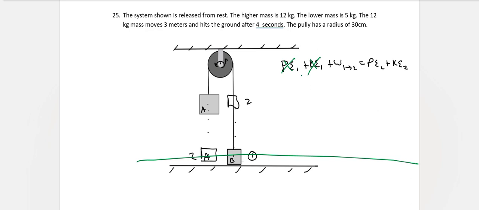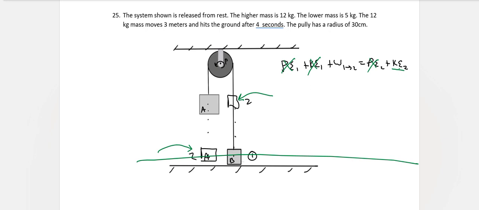Okay, PE2. Let's talk about that. Position 2, mass B is now up here, and it has a potential energy, so you have to take that into account. Mass A is down here at the datum. Right, so that should tell you what to do there. So PE2 now should be done. We've talked about that. All right, let's talk about the KE2.